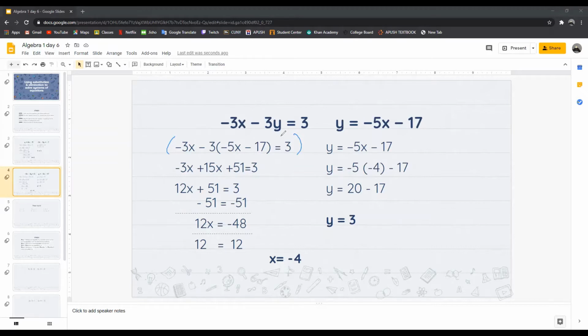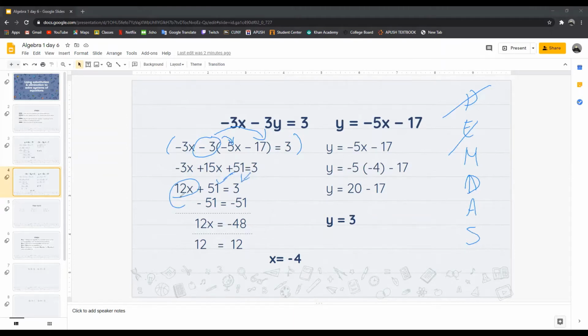And then you would have to use PEMDAS, if you remember what PEMDAS means. Get rid of the parentheses first. So you have to multiply your negative 3 to whatever is in the parentheses first to get your 15x and 51. And then you combine your like terms, which is negative 3x and 15x, and you would end up with 12x, and you bring everything else down.